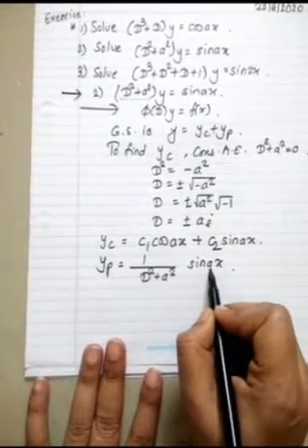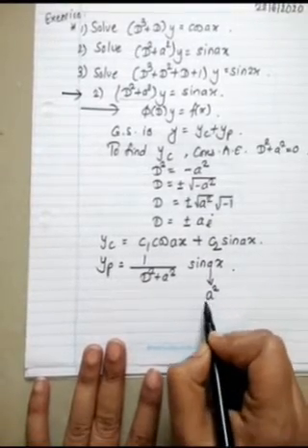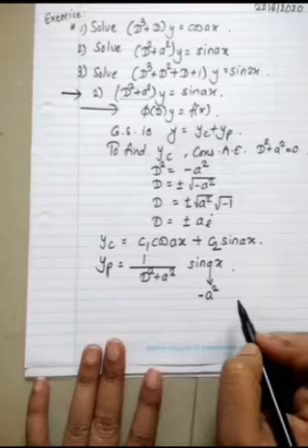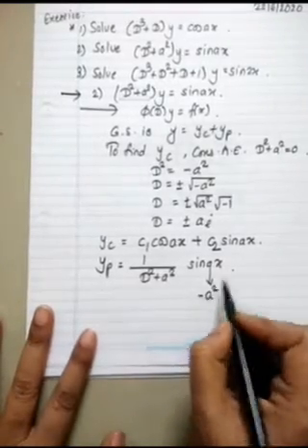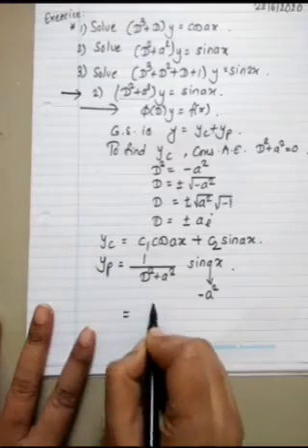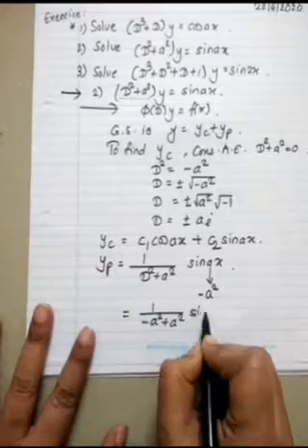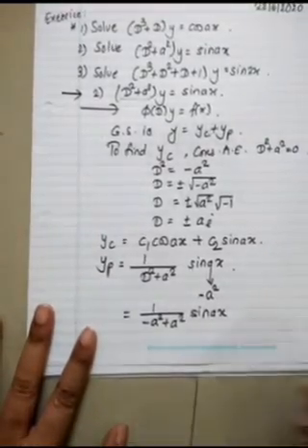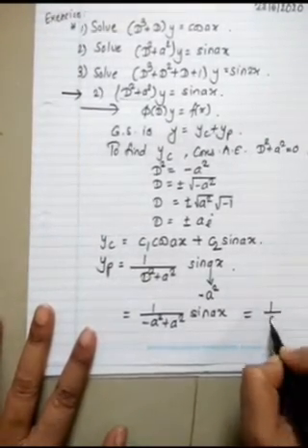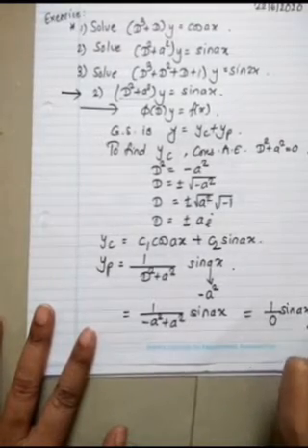The term a is here only a. Square it first, that is a square, and give a negative sign. Minus of a square, you have to put in place of D square. So what we get here is 1 upon minus a square plus a square into sine ax. But it will be 1 upon 0. Case of failure, right? The case fails.